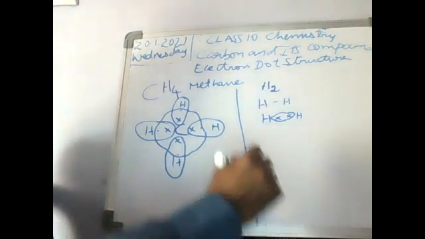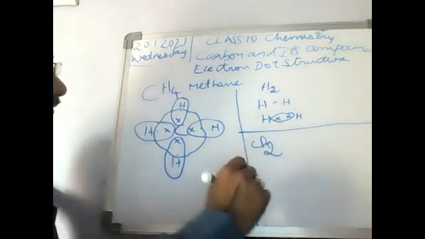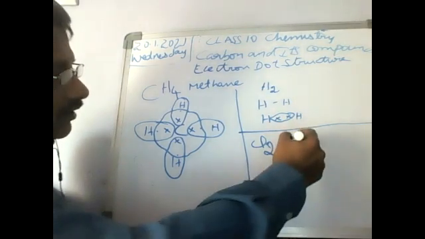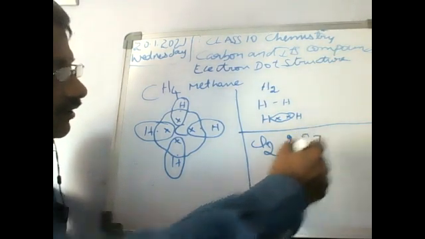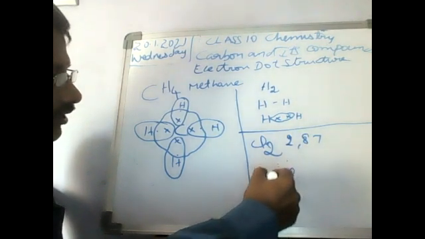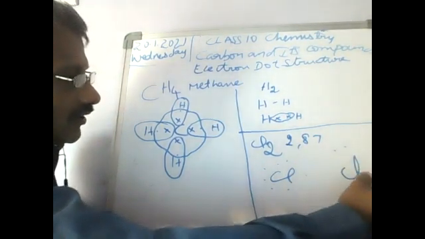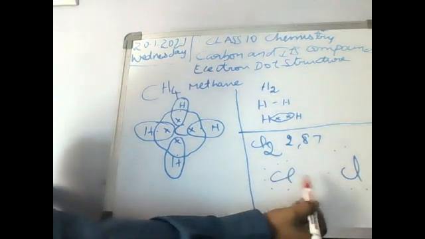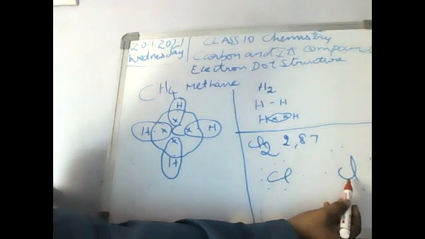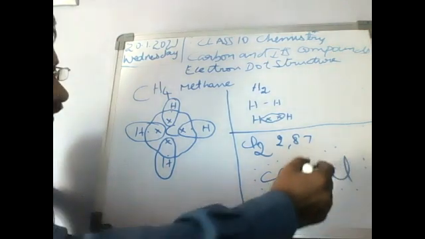You can also draw for chlorine, Cl2. Chlorine's electronic configuration is 2, 8, 7, so the outermost orbit contains 7 electrons: 1, 2, 3, 4, 5, 6, 7 on each atom. Each has one electron to share, so totally two electrons are joined here.